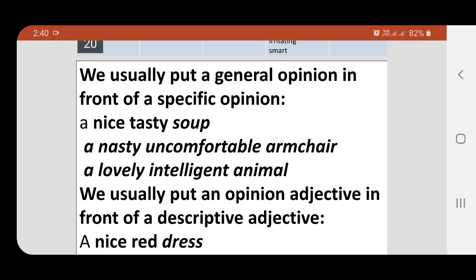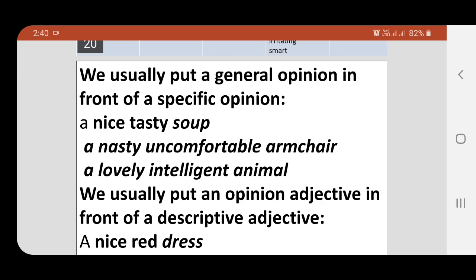Sometimes if the parrot recognizes you and calls you, then you say it is a lovely, intelligent animal. So lovely is a general opinion, intelligent is a specific opinion. A general opinion is placed in front of a specific opinion.